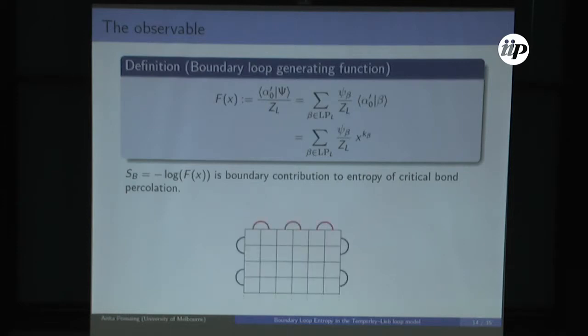Just to show you exactly how this whole thing works, take the reflecting case, put this inverted link pattern on the top, and for a particular configuration, count how many loops go through the very top of the boundary. Any closed loops anywhere else, ignore them. Ones that go through the top, you count them with a factor of x, and then go from there.